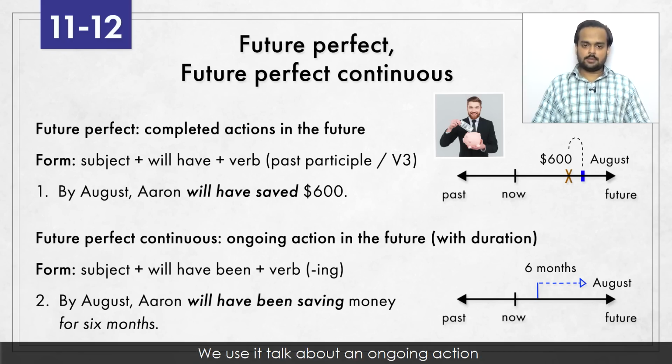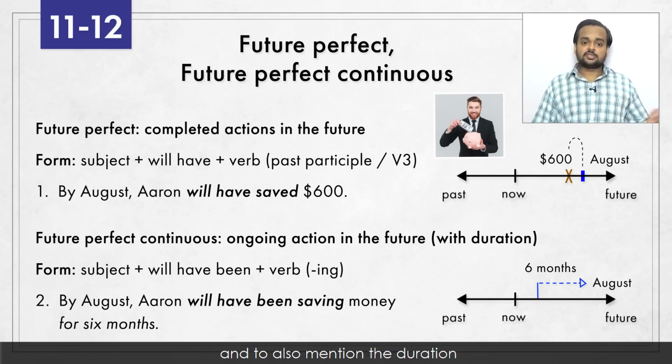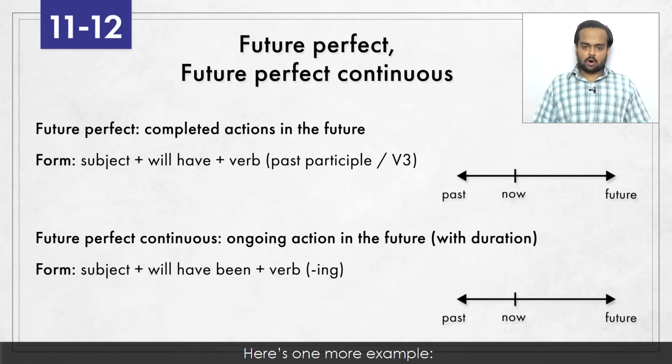We use it to talk about an ongoing action, an action that will be in progress in the future, and to also mention the duration or the length of that action at a particular time. We make this tense with a subject plus will have been plus a verb in continuous or ing form. Here's one more example. My wife and I are going to paint our living room tomorrow.